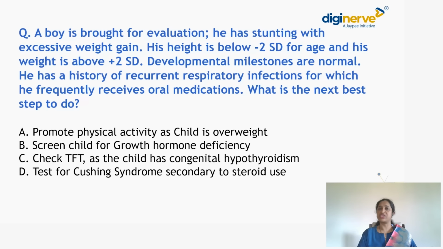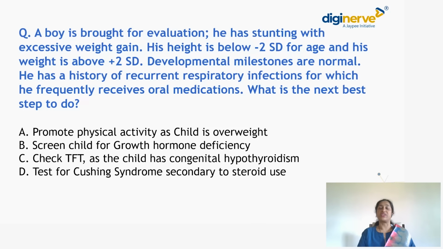These are all the conditions you will get in thyroid function test abnormalities with congenital hypothyroidism. In this child, you don't have all that. Developmental milestones are normal, which means there is no history given regarding recent scholastic performance, and congenital hypothyroidism will have developmental delay from the beginning. So C is also a wrong answer.